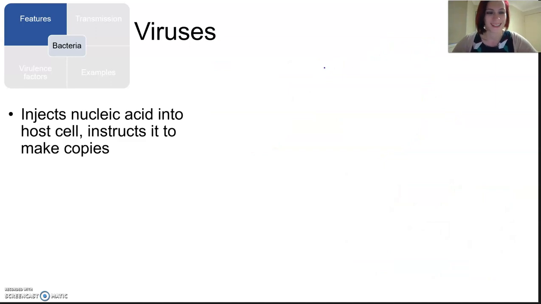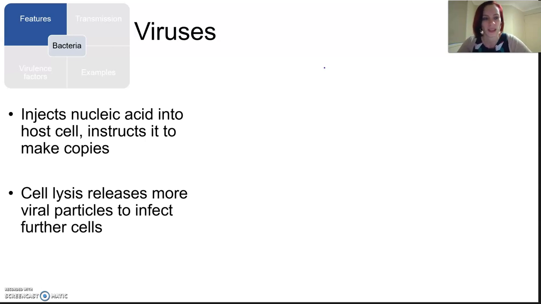Okay, viruses inject the nucleic acid into the host cell and instruct it to make copies. Essentially, once it's inside, it can't be easily detected, and it can also evade the immune defenses because it's inside a normal cell. Viruses are super specific, and what they can do is essentially lyse the cell, burst the cell open, so those viral particles they photocopy can go off into other cells and create more and more and more.